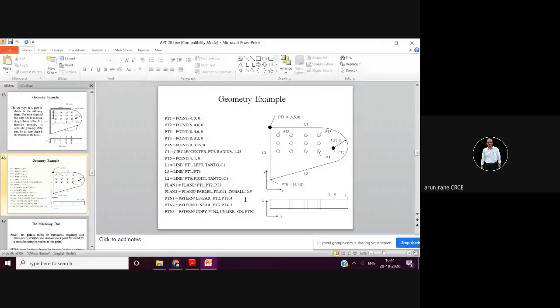Before you describe all the geometry points, you need to give the 0 points. In this particular example, x0, y0 is here, and z0 is here at this level.